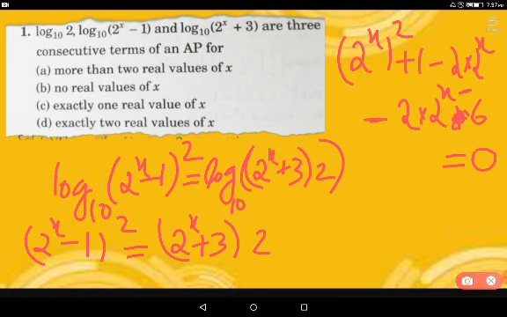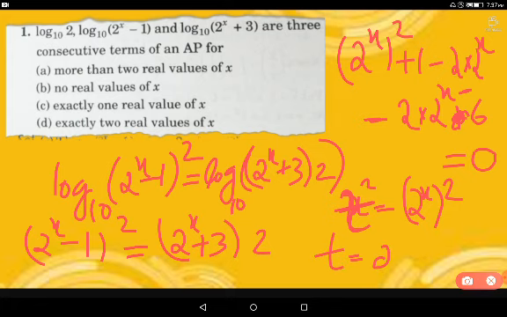Now this is a quadratic equation with x square as 2 raised to x the whole square. So let it be t square. T square is equal to 2 raised to x the whole square and t is equal to 2 raised to x. You can find the solutions for 2 raised to x from this quadratic equation.